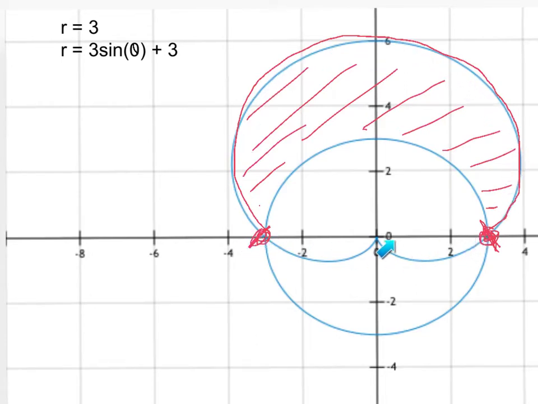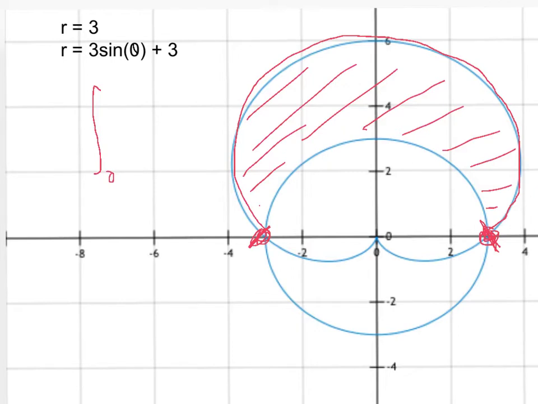I'm actually going to start just thinking about that polar angle of 0. I'm going to plug 0 in for theta. So sine of 0 is 0, 3 times 0 is 0, plus 3 is 3. So the angle 0 does give us an R value of 3. So I want that to be my first angle.